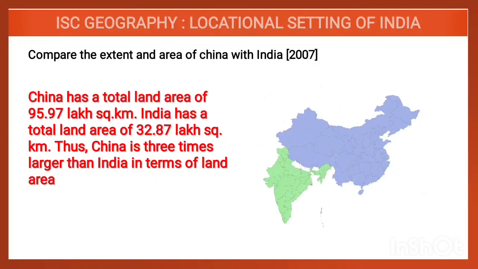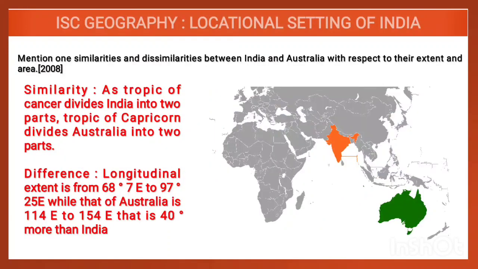The area of China is 95.97 lakh square kilometer. In case of India, it is 32.87 lakh square kilometer. China is 3 times larger than India in terms of area. And this question came in 2007.